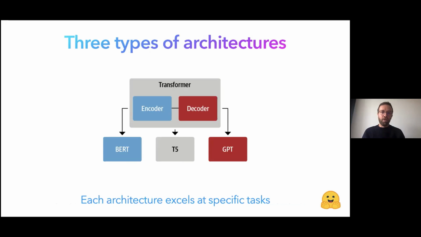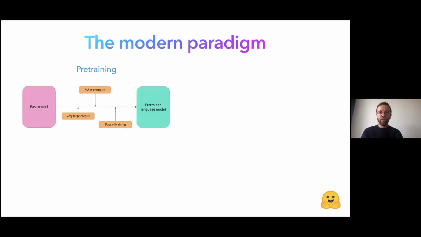So that's more from the architecture perspective, what makes the transformer special. But there is a second ingredient that's probably as important, if not more important than the architecture itself, and that's the modern paradigm of transfer learning. What you do with these transformers is usually apply some kind of pre-training to them.